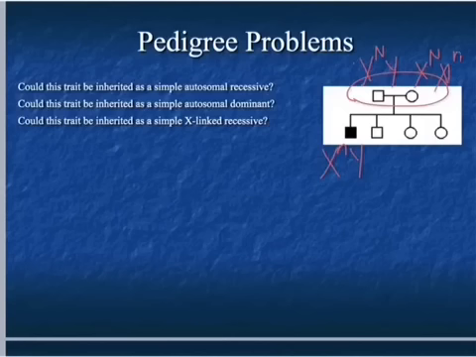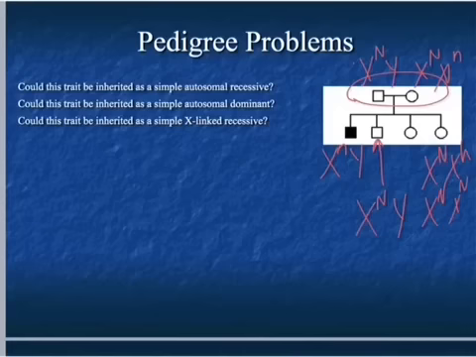The mother could have then passed on the dominant trait to this son, so this son could have had the dominant trait, and the daughters could have come here and been either carriers or just homozygous dominant for the trait.